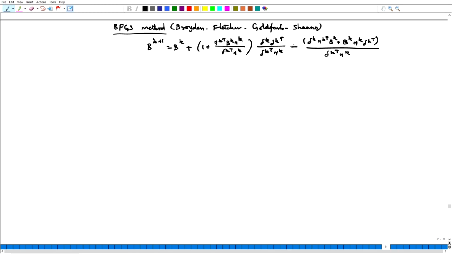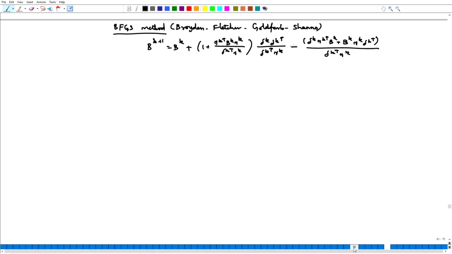Both of these methods are called the Broyden family methods. You can also use a convex combination of the updates of the DFP method and the BFGS method, and even that works.